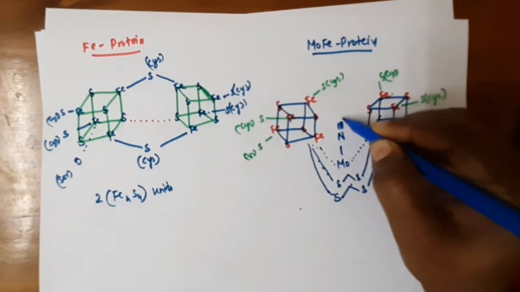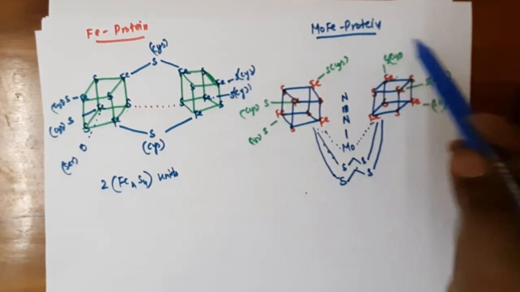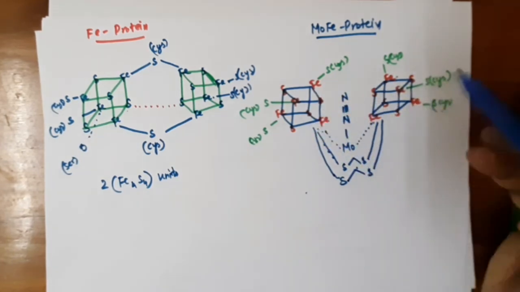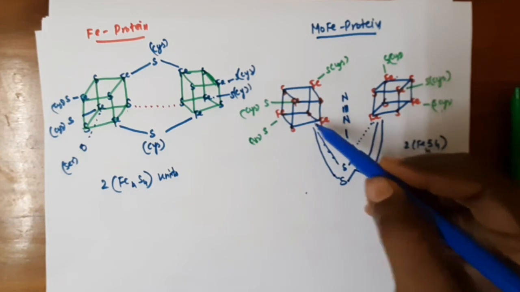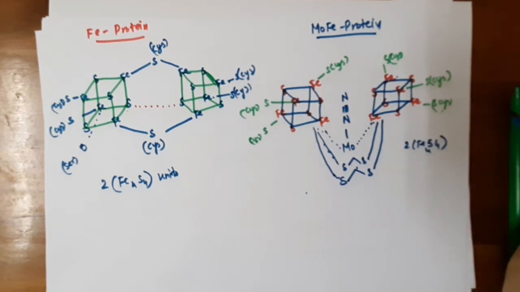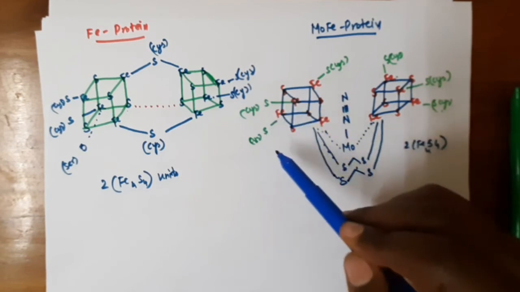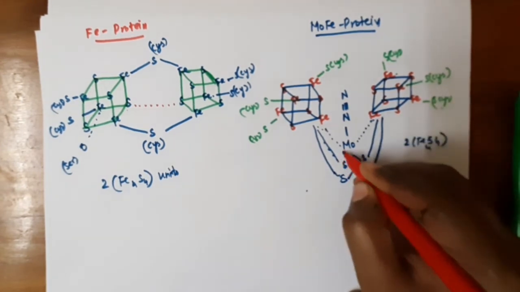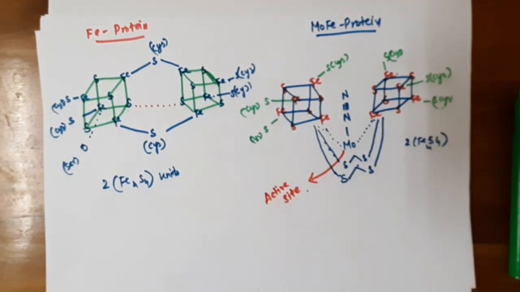Here the nitrogen binds on the molybdenum. The molecular mass of the molybdenum iron protein is around 220,000 to 240,000. It is made up of two Fe4S4 units, and one iron atom from one unit and another iron atom from another unit combine with the molybdenum and have two sulfide bridges. Here is the active site. The nitrogen is bonded with the molybdenum, so the molybdenum is the active site of this nitrogenase enzyme.